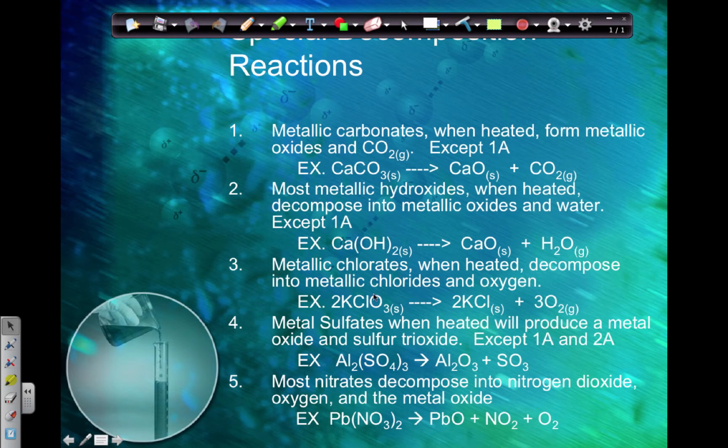Metallic chlorate will decompose into the metal chloride and oxygen gas. A metal sulfate will be the metal oxide and sulfur trioxide. And most nitrates will decompose to make a metal oxide, nitrogen dioxide, and oxygen gas.